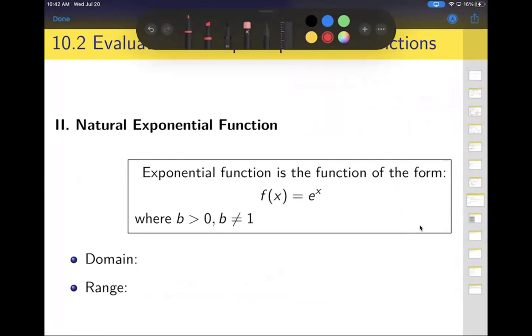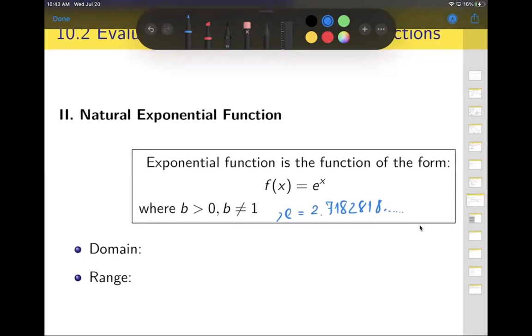By the way, the value of e is 2.7182818 something. Yeah, it goes on forever and forever. It's kind of like pi, it never repeats, right? It's a transcendental number. So the point here is e is bigger than 1. So it is an exponential growth, right?